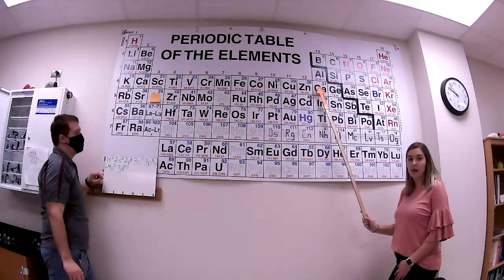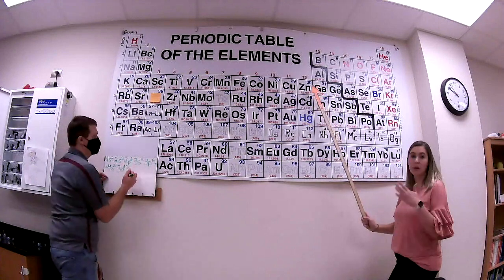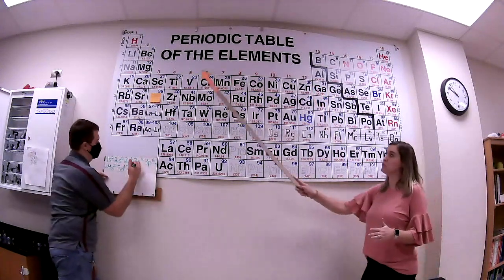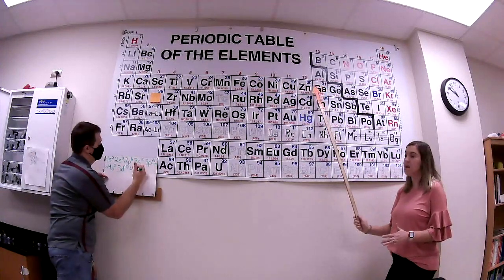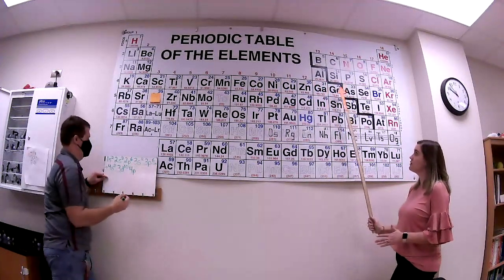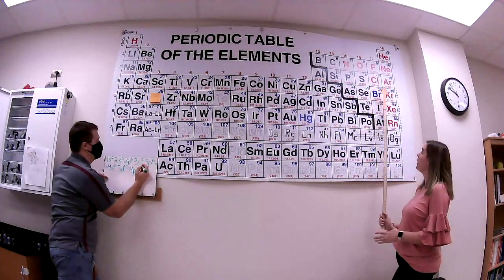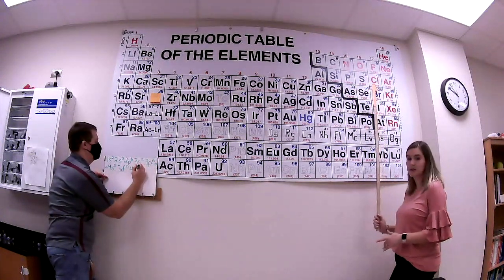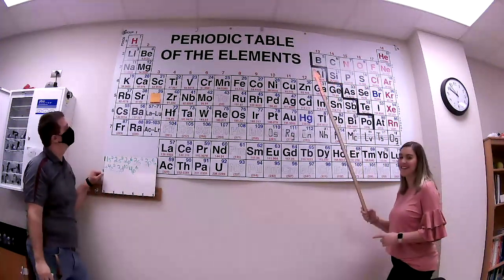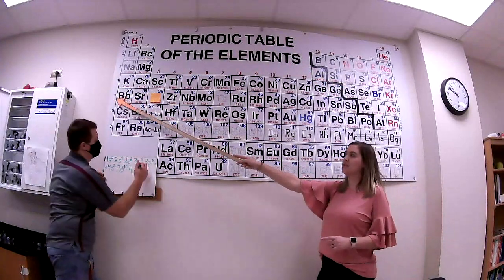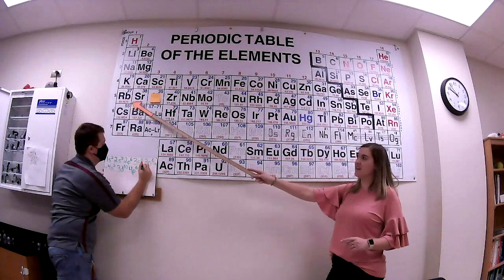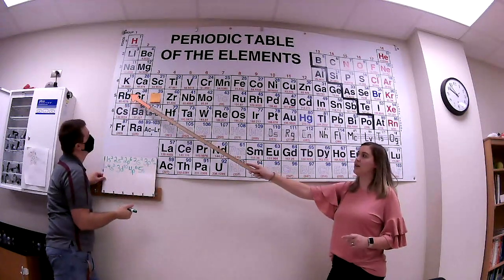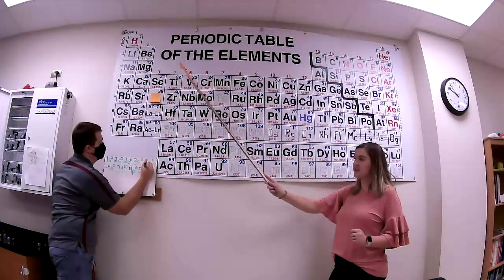Okay, now we're in the P orbital. Guys, remember your P orbital is normal, so we are on the 4th row, so it's going to be 4P, and we're going to cross 1, 2, 3, 4, 5, 6 boxes. Almost there. 5th row, S orbital, crossing 1, 2 boxes.